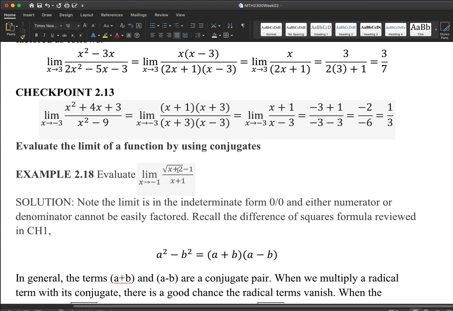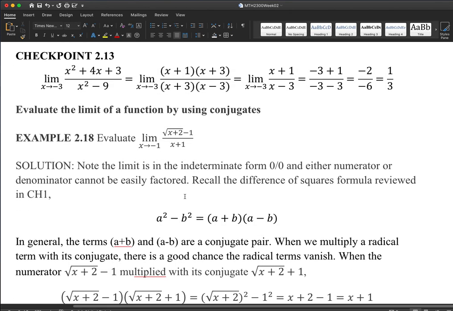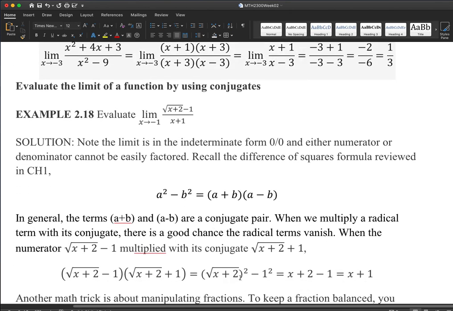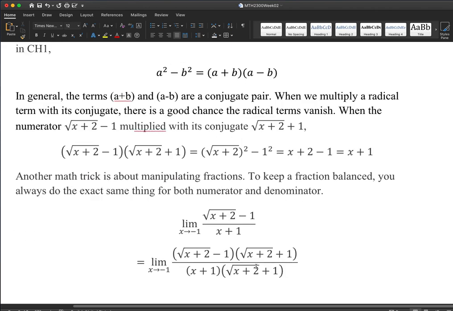So most likely factorization may not work, but with radicals, usually you want to consider the radical conjugate. And you need to know this formula very well. The product of a conjugate pair is difference of squares. Especially with those squares, they will help cancel the radical notation. It does cancel the radical notation. We did 2 of them.